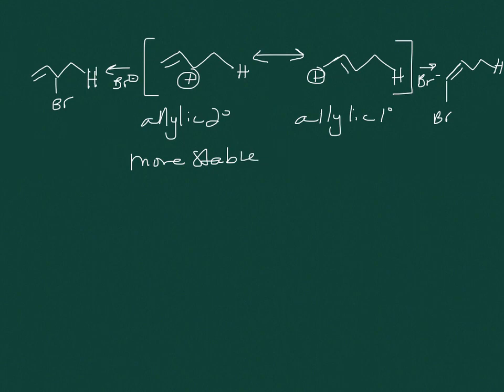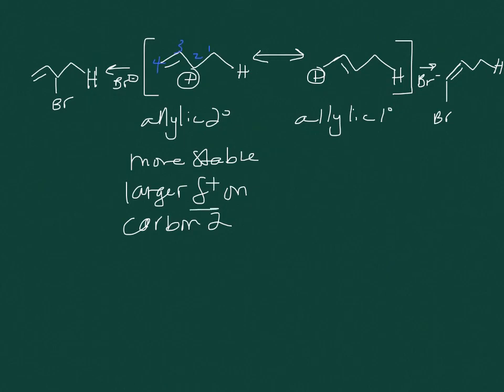What this means is that in the actual structure of the carbocation, you're going to have a larger partial positive on carbon 2. I'll number them again: 1, 2, 3, 4.